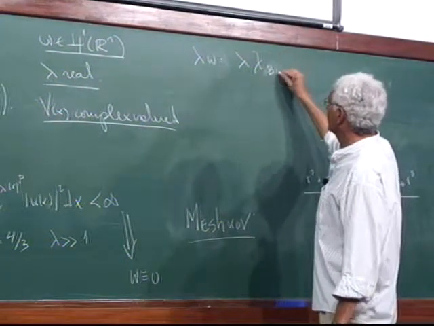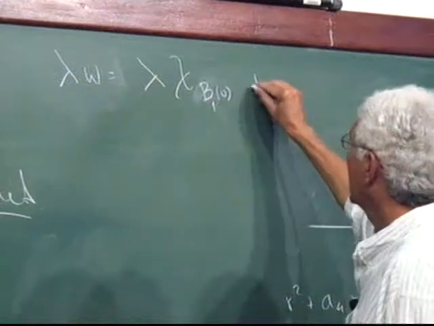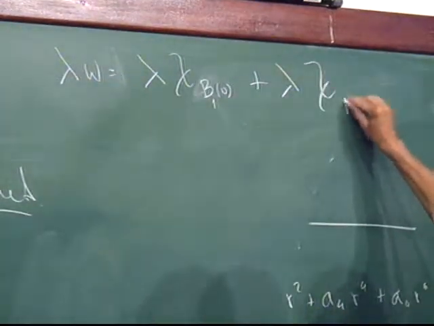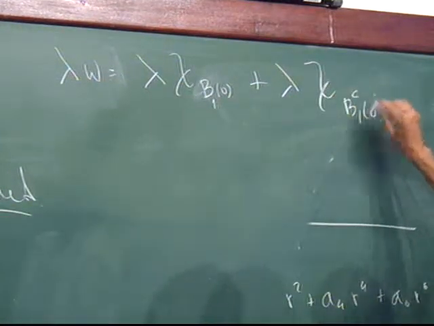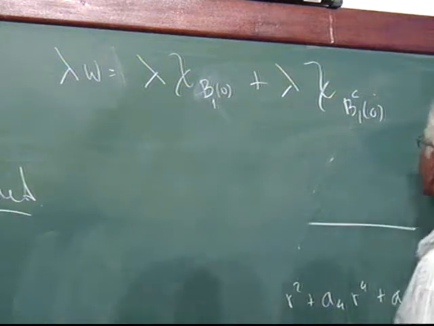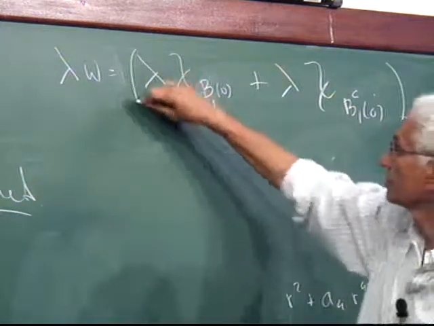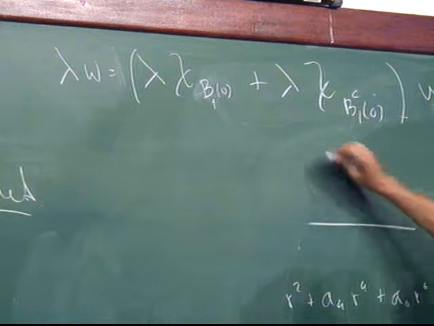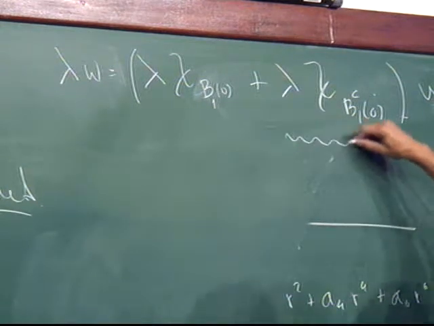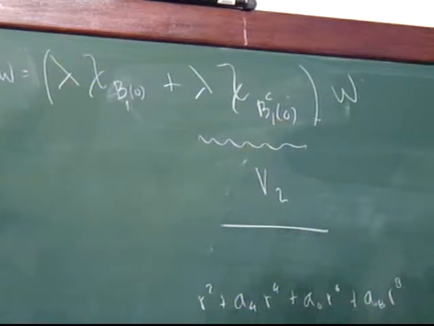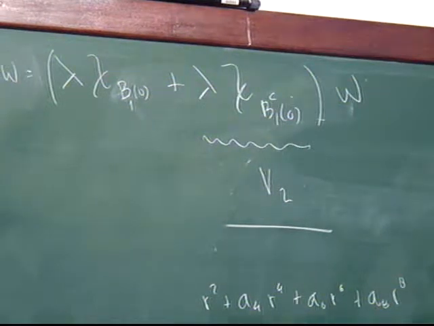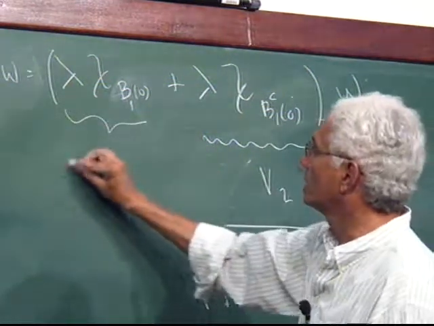I mean, this is a smooth function that is like this, and lambda outside this. This is going to be your B2. That is there. This is going to be part of your B1.